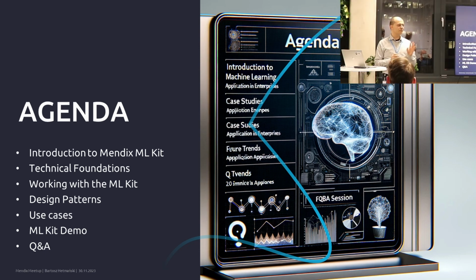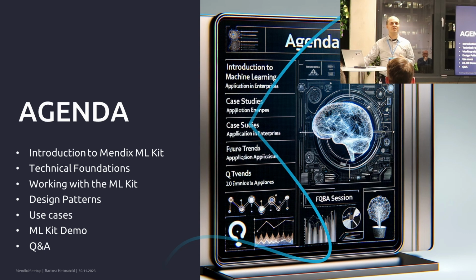I'll tell you a little bit about use cases, but I think we all can use Google and we all can ask ChatGPT to just give us the 10 top use cases for machine learning. So I'll just brief you on that. And I'll also give you a demo of MLKit together with the custom model that we created for the bank that I mentioned. And we'll end this with a QA session.